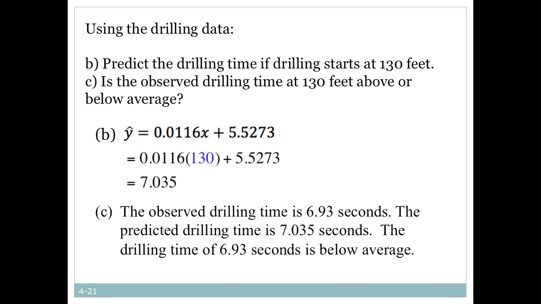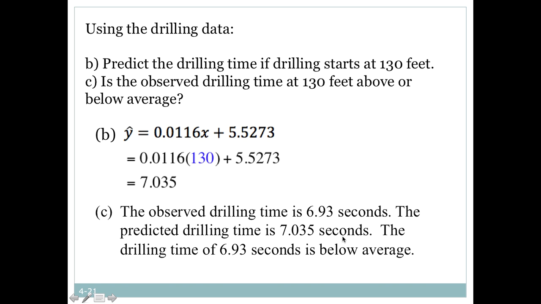Now, this says seconds down here, but this should actually be minutes. I believe all the drilling data is in minutes. So that means that at 130 feet, it's predicted that it would take 7.035 minutes to drill an additional 5 feet down. Now, the actual observed drilling time from our raw data that was collected was 6.93 minutes, and what we predicted was 7.035.